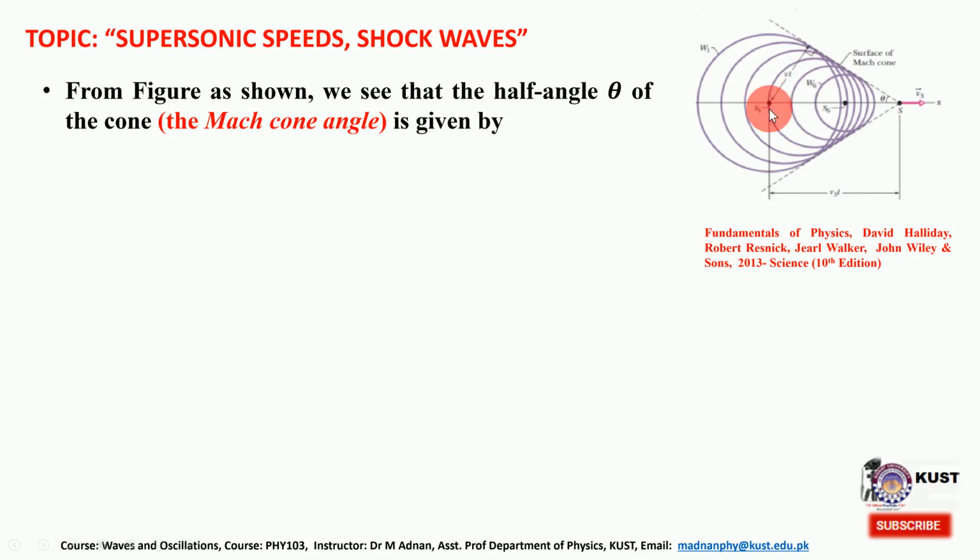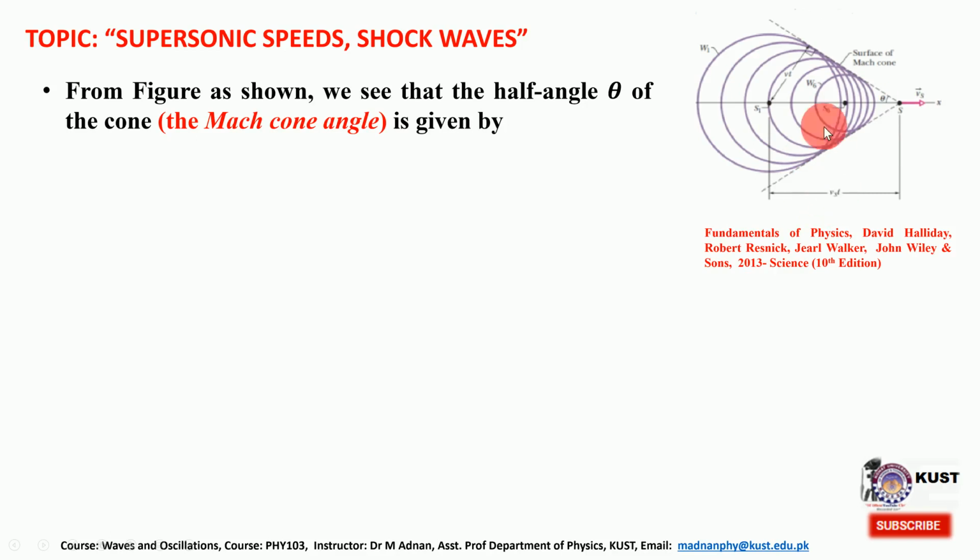So if this is S1 and this is S, S1 is the position of the source when it produces this wavefront, and after time t it traveled a distance vs times t.